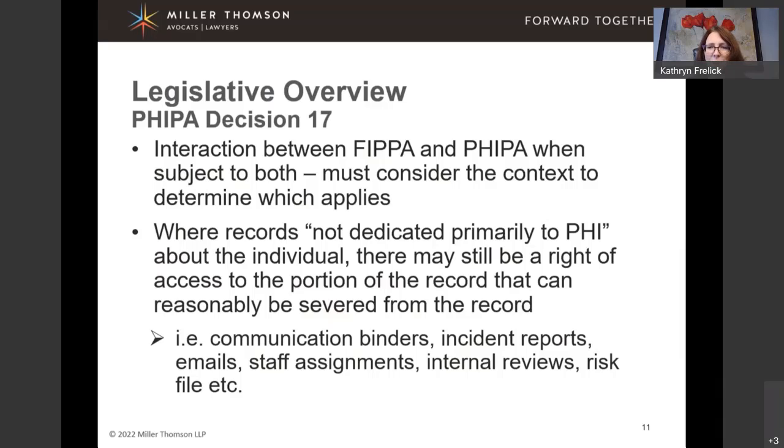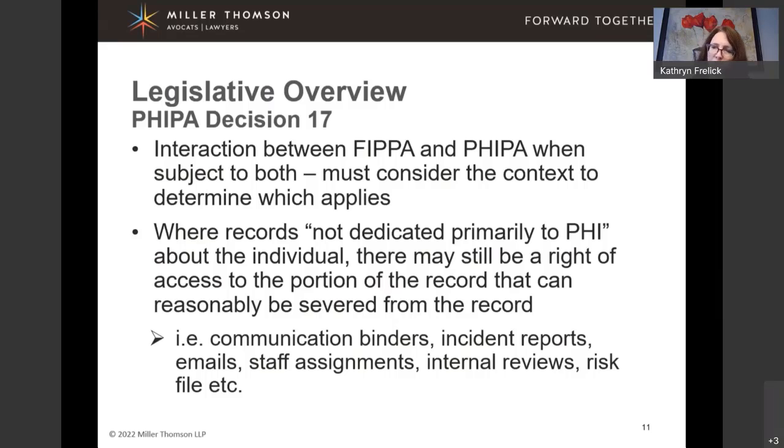the request was for literally every piece of paper that had to deal with how the hospital interacted with these individuals. So the IPC said, it's really important when you're looking at these requests to consider the context to determine which piece of legislation applies, and does it relate to the provision of patient care, or is it something that's more general?